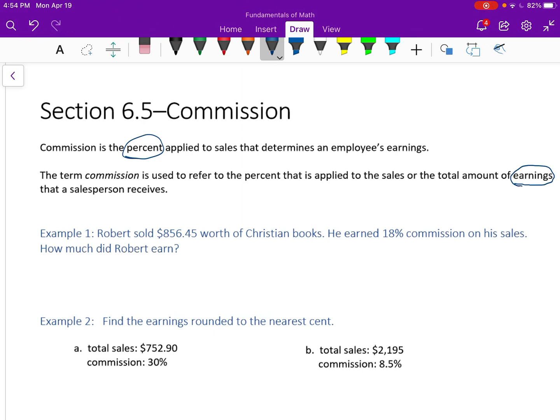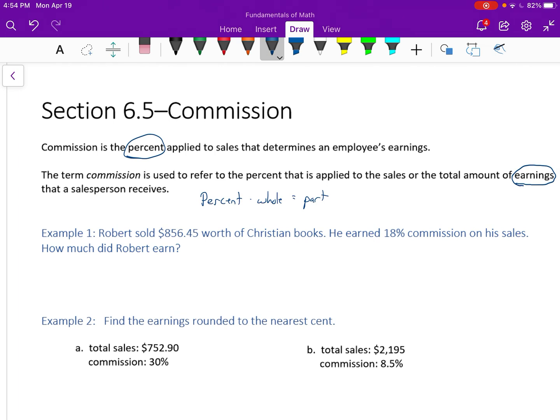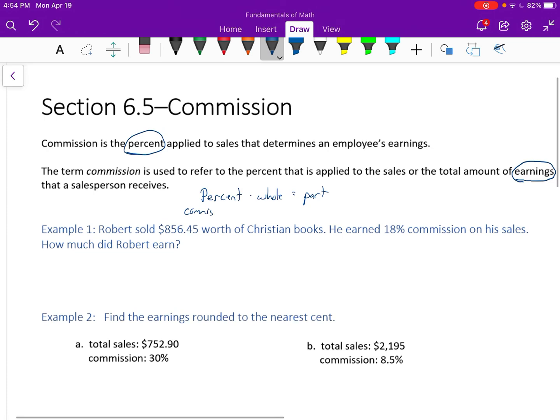Well, this really refers back to percent times whole equals part. That's the percent formula that we've used often. In this case, the percent is the commission percent, times the whole, that's the amount sold, and the part is what he earns.